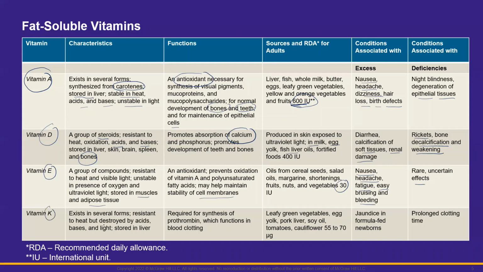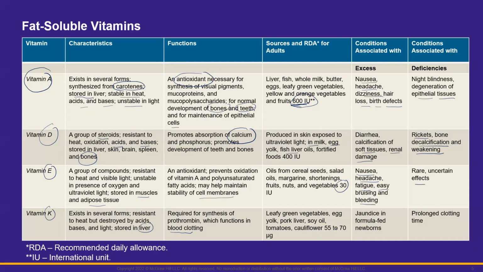Vitamin K exists in several forms, resistant to heat but destroyed by acid, bases, and light, stored in liver. The function is required for synthesis of prothrombin, which is a clotting factor. So this is really important for clotting our blood when we are bleeding. Sources are usually leafy green vegetables, egg yolk, pork, liver, soy oil, tomatoes, cauliflower.